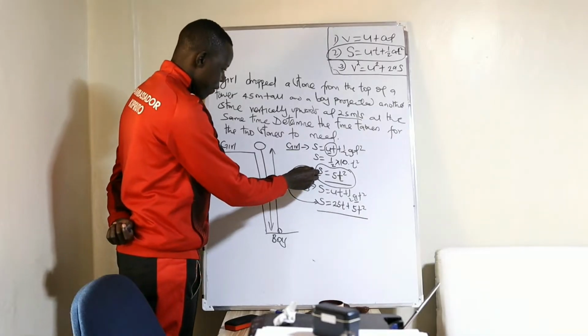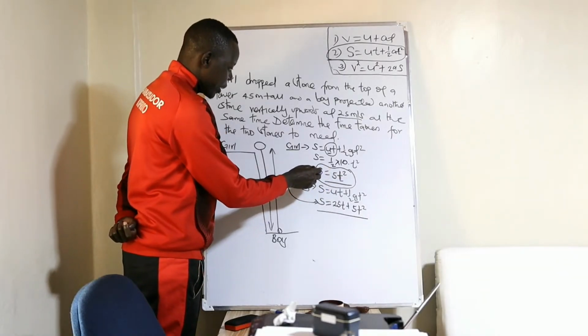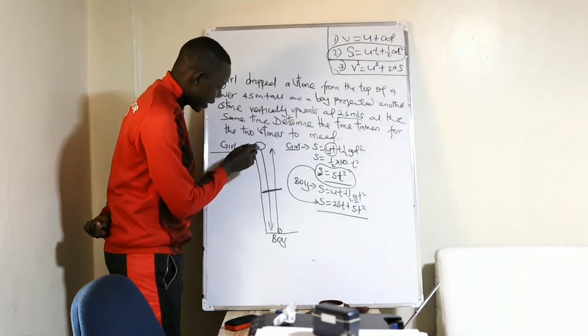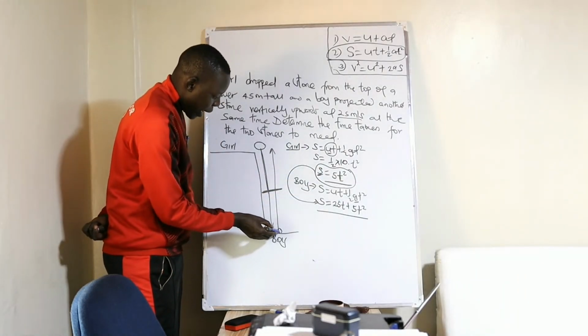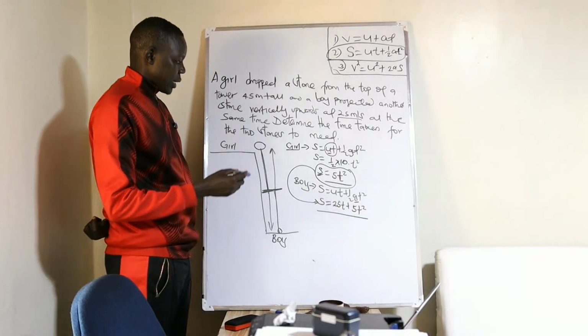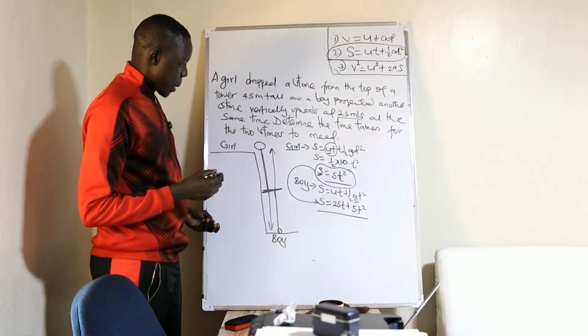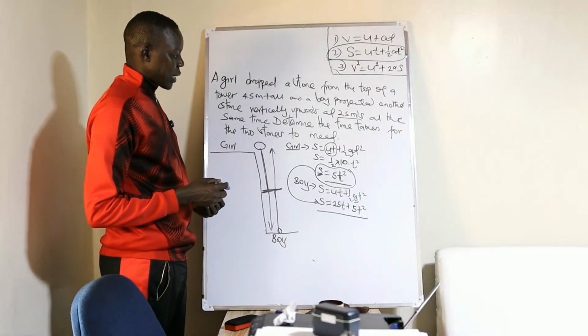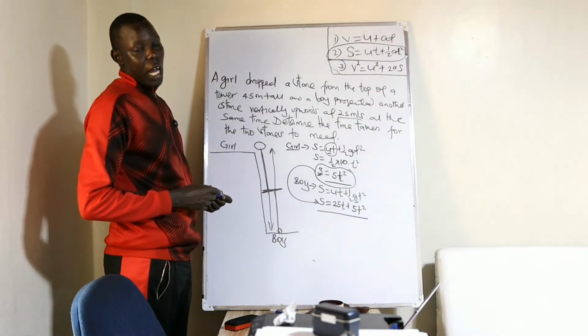Because this S is the half distance yenye iliteremka mpaka hapa na hii pia ikapanda half mpaka hapa. So we can equate the two, that 5t squared is equal to 25t minus 5t squared. How is that?